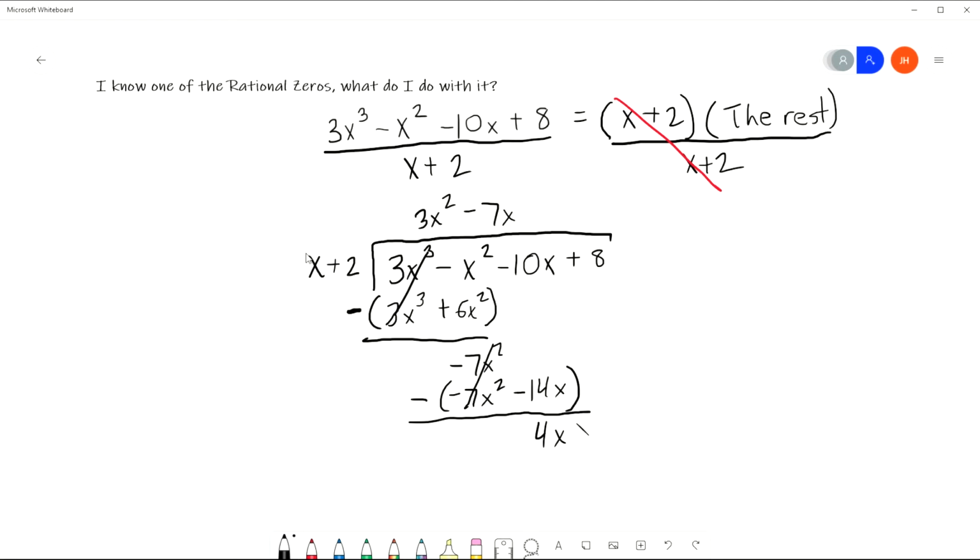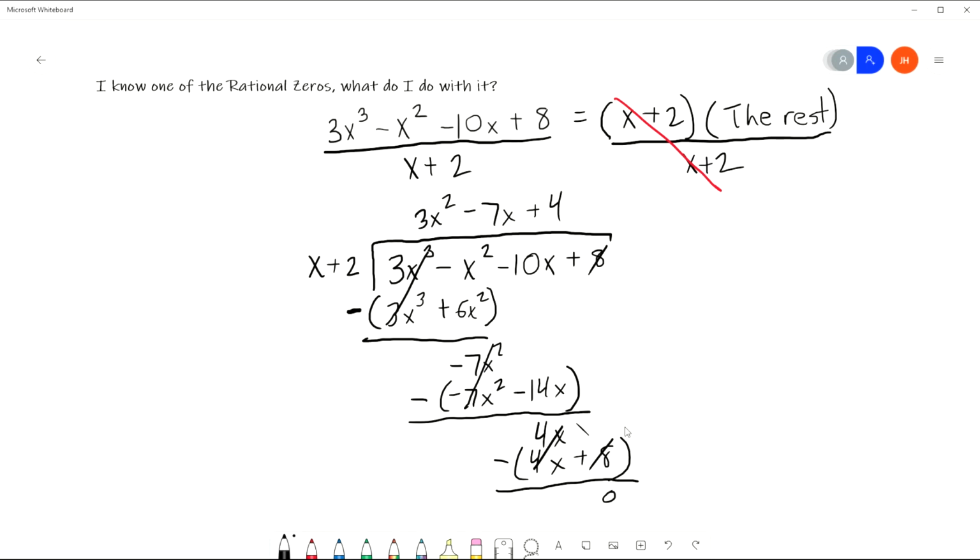Now, how many times does x go into 4x? It goes in 4 times. 4 times x is 4x. 4 times 2 is 8. And I subtract that. 4x minus 4x cancels out. 8 minus 8 cancels out. And I am left with 0, which is perfect.